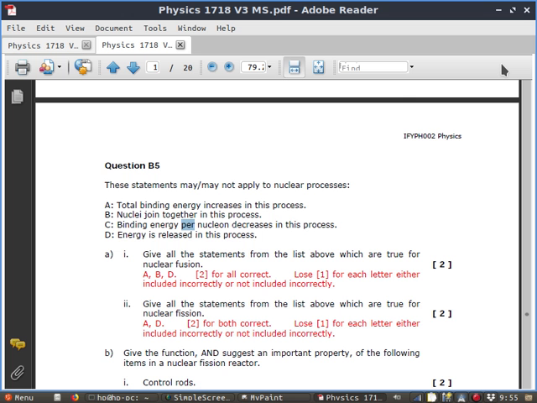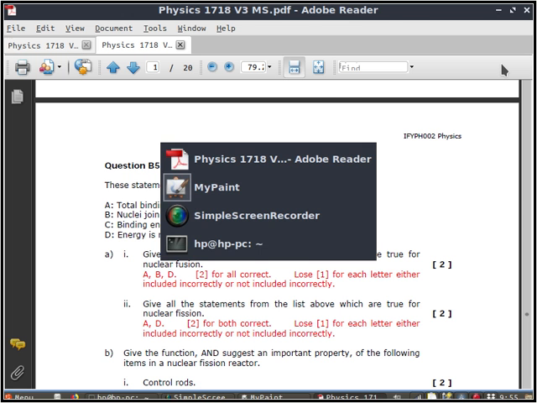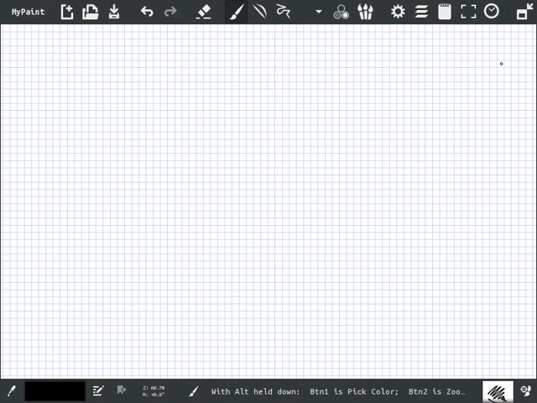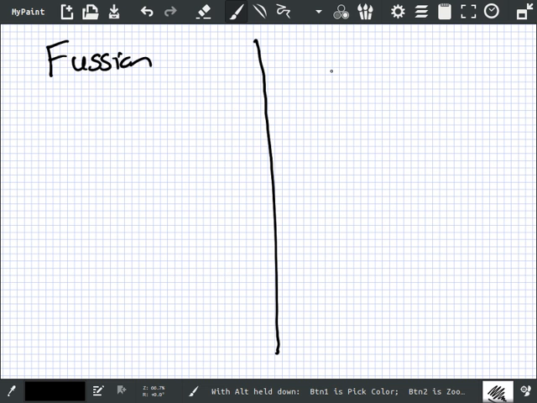I think I understand why, Ben. Let me explain. I have an idea. You said it always increases. I think I can explain why. So you have fusion and you have fission.